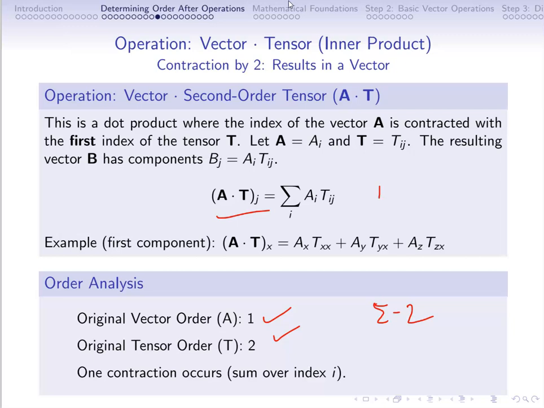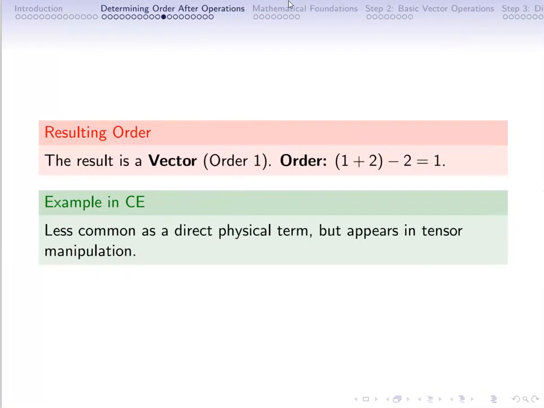So 1 plus 2 minus 2, that is 1, nothing but a vector. So the resulting order is 1, that is a vector.